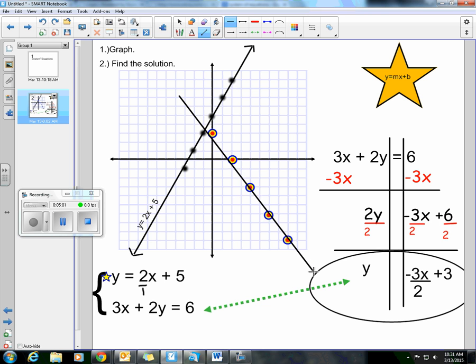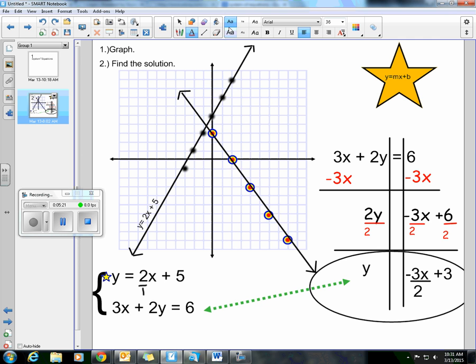I didn't do that very well. And this one needs to be moved over a little bit. There we go. So I'm going to put my little finishing touches on my line.